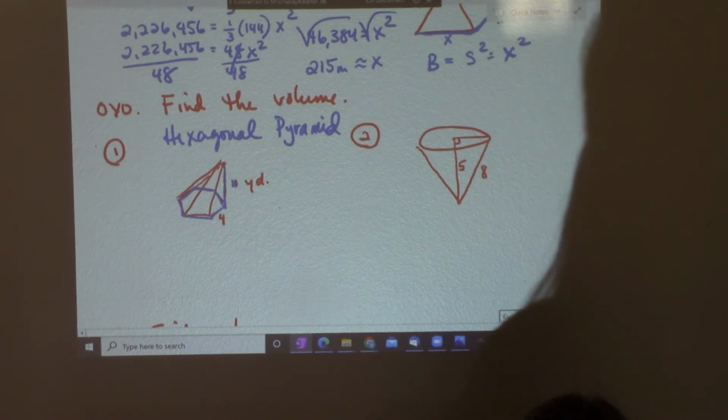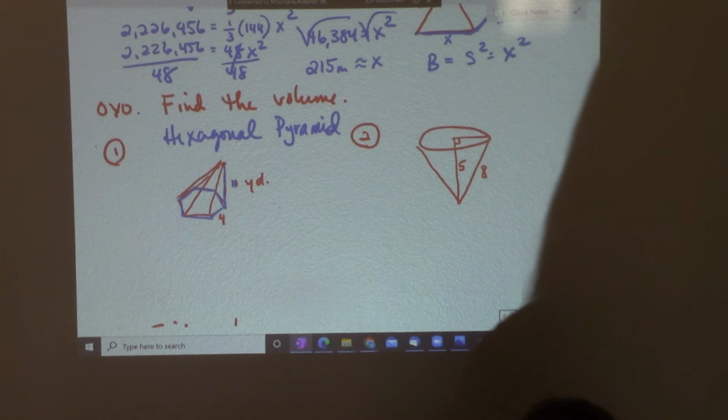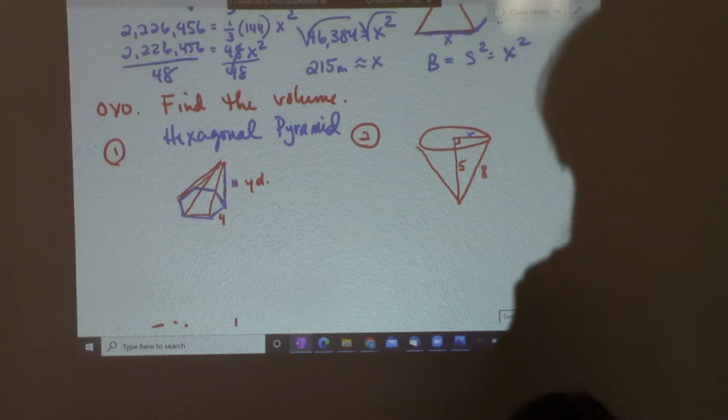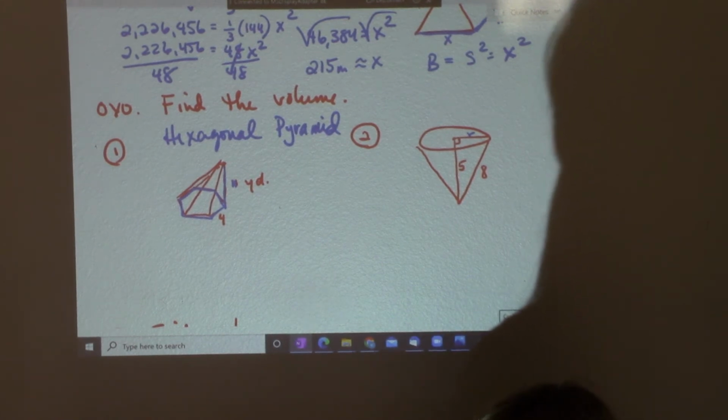We're still doing that. It's a hexagonal shape, so we know we have 6 sides and it's regular. And then the other figure is a right cylinder. Now be careful, we don't have the radius. You're going to have to find that. Okay, so I'm going to pause and you guys can go ahead and work on these and we'll come back in just a moment.